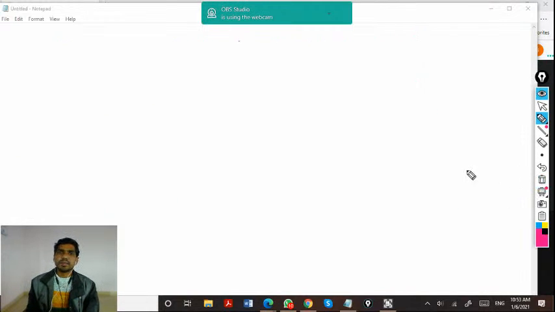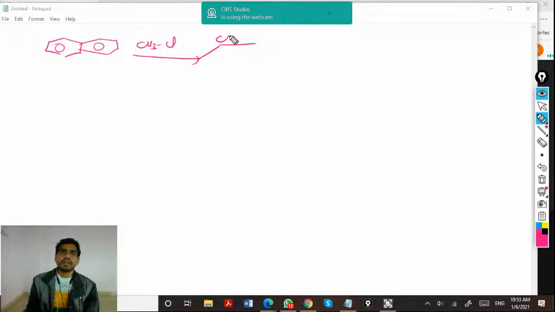One more example, which appeared in a previous examination for the Friedel-Crafts alkylation, is based on naphthalene. When it is treated with methyl chloride in the presence of CS2, carbon disulfide, which is a non-polar solvent, methylation happens at the alpha position.